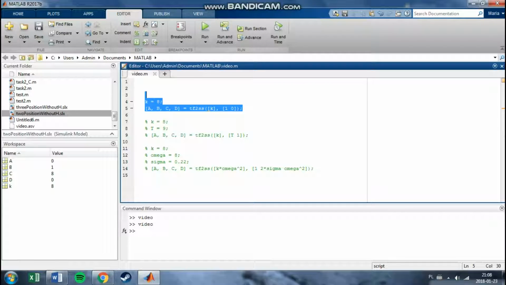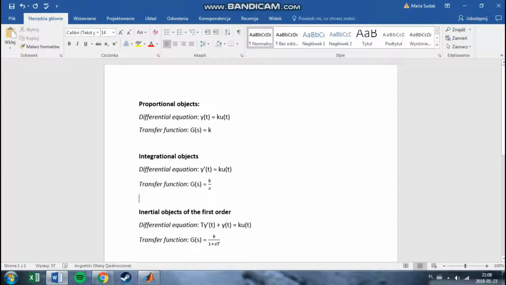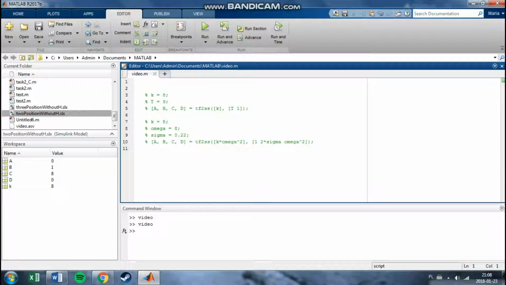Okay, the next object is inertial object of the first order. We once again are given its differential equation and its transfer function, which this time is equal to k over 1 plus sT, or just Ts plus 1. It doesn't matter really. And in Matlab, this one will look like this.